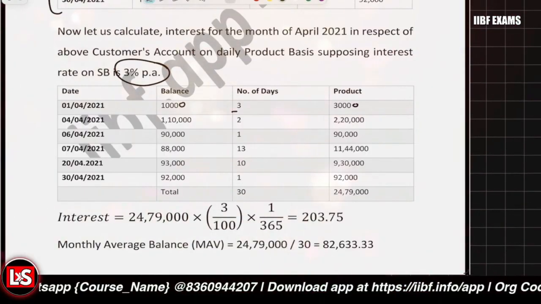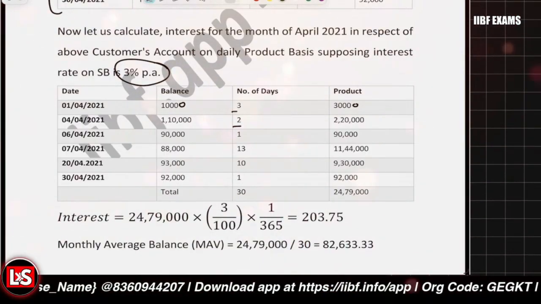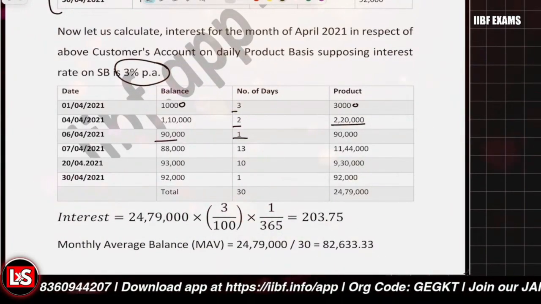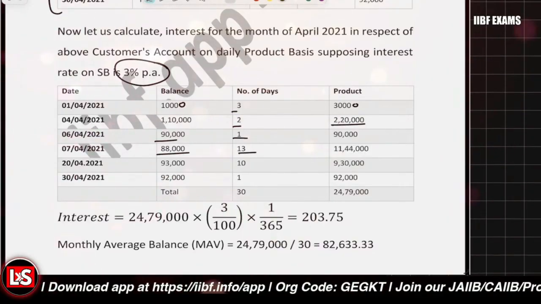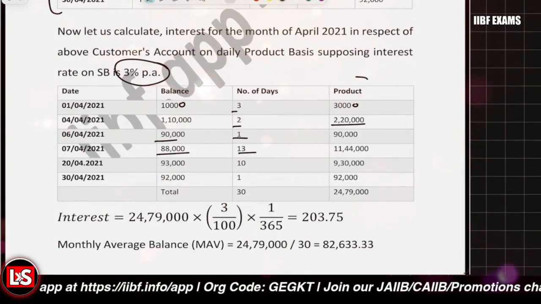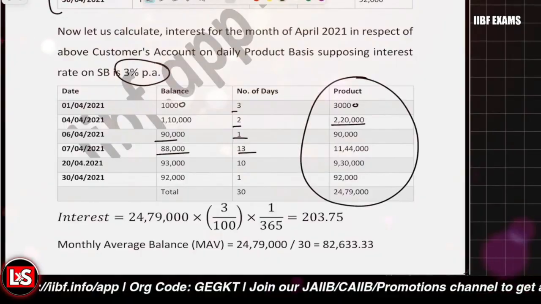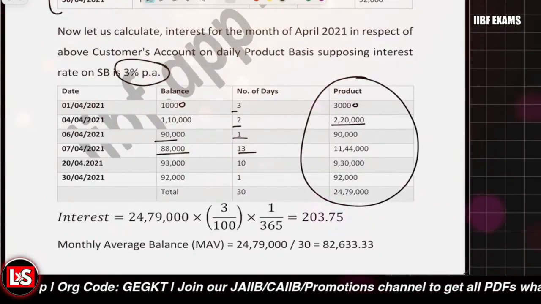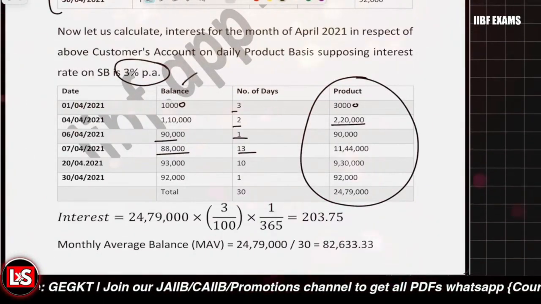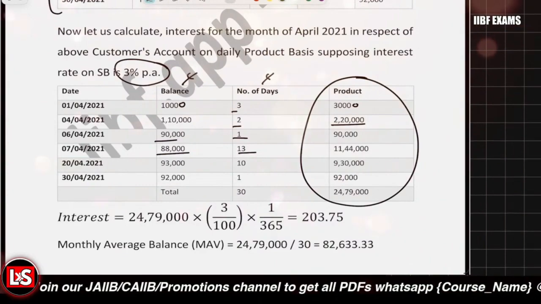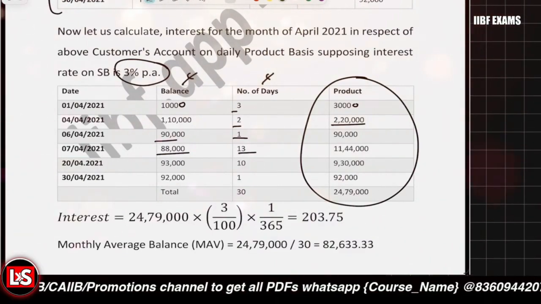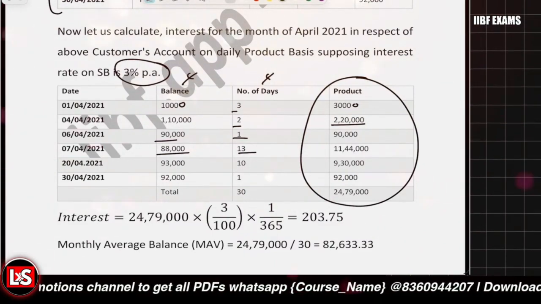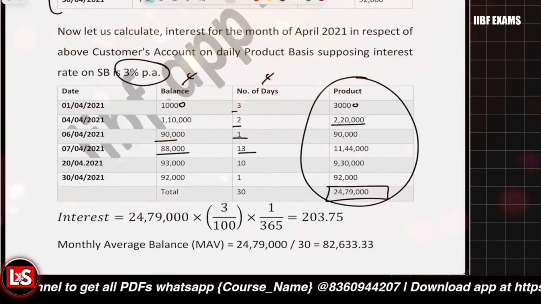Then 1,10,000 for 2 days, it is 2,20,000, 90,000 for 1 day, 88,000 for 13 days, and so on. So we calculated the product of the balances and the days that this balance remained in the account, and that came out to be 24,79,000.